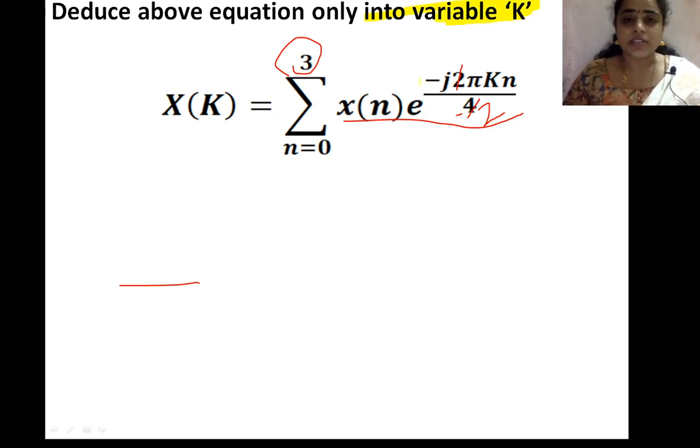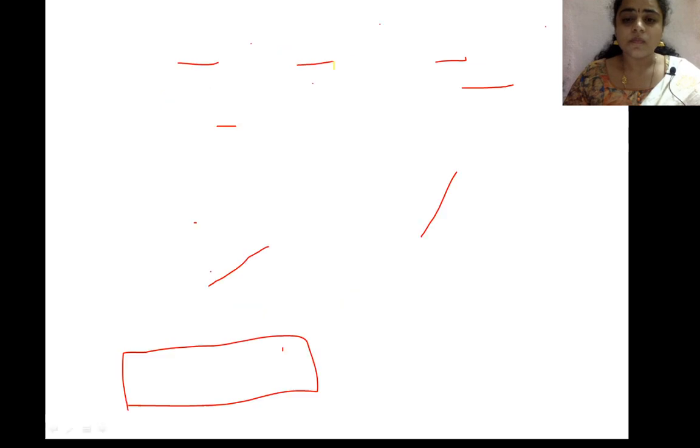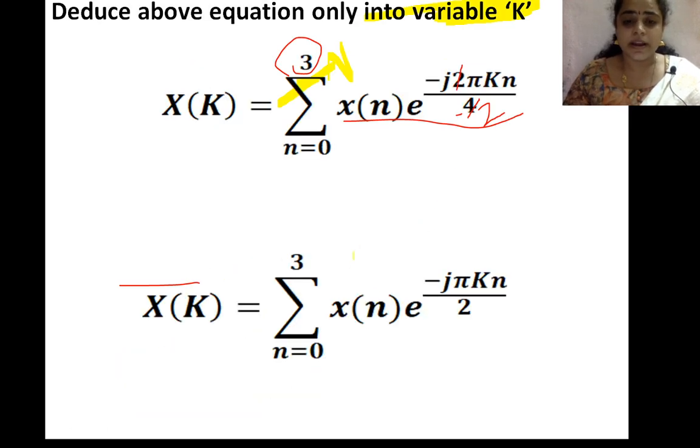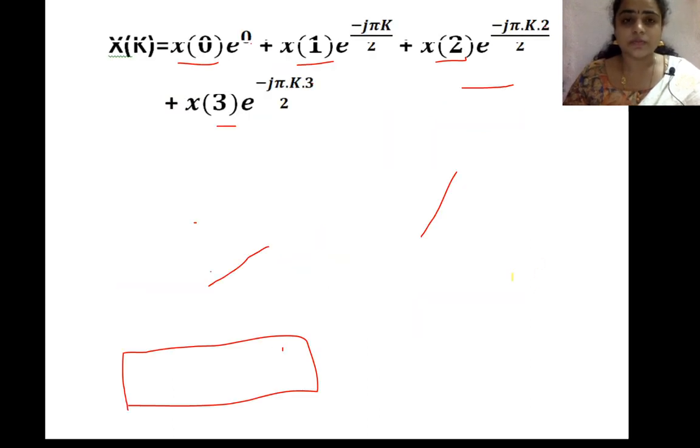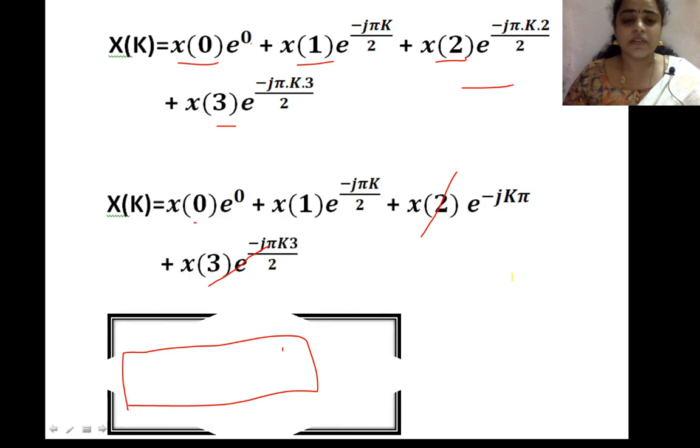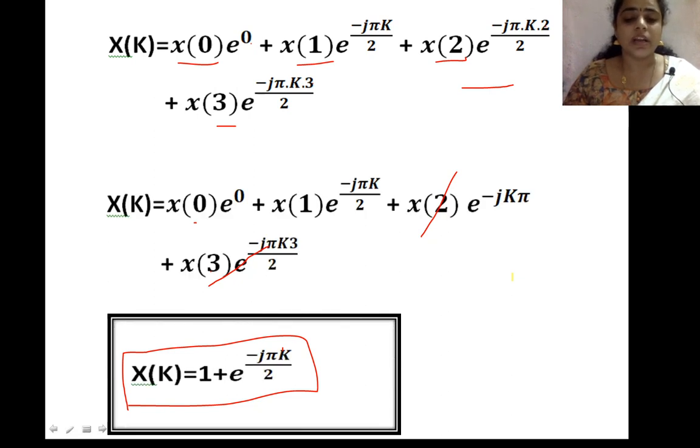For that, first we eliminate the capital N value by substituting N is equal to 4, and then by expanding this summation, we can eliminate the small n value. Like this, it got eliminated by simplifying this equation. Finally, we got the final expression for X of k, which is the simplified form.